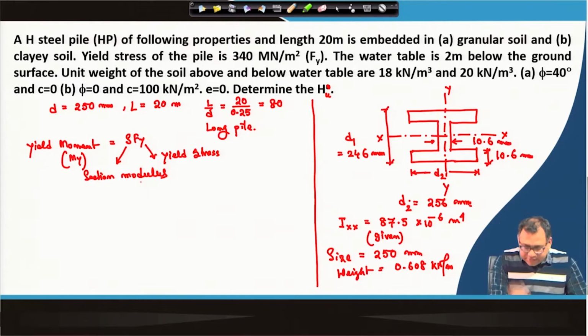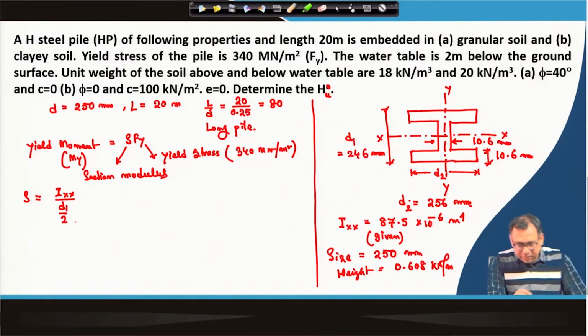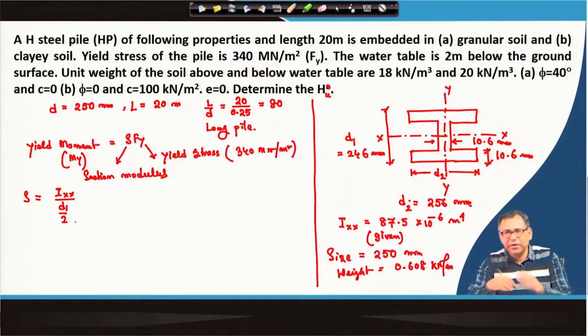So, for the section modulus, how can we get that? Yield stress is given, that is 340 mega Newton per meter square. Section modulus S is equal to Ixx divided by d1 by 2, that means the half.